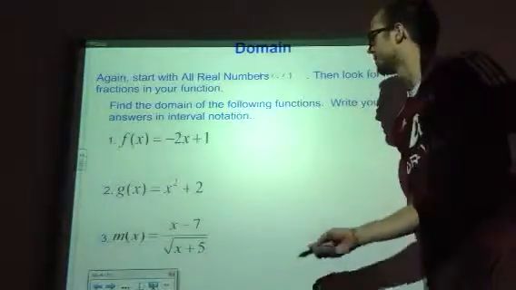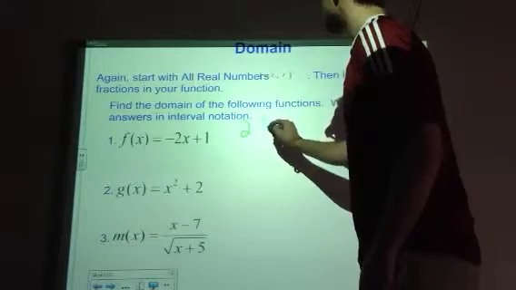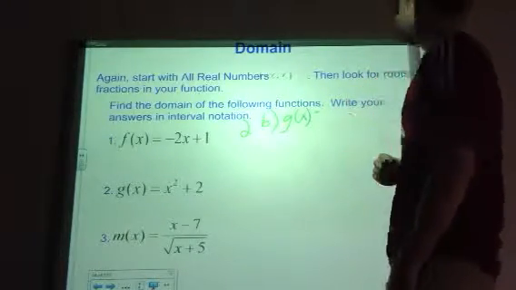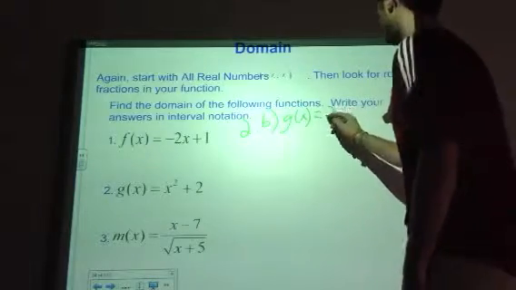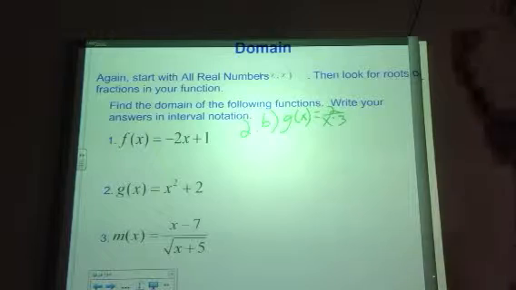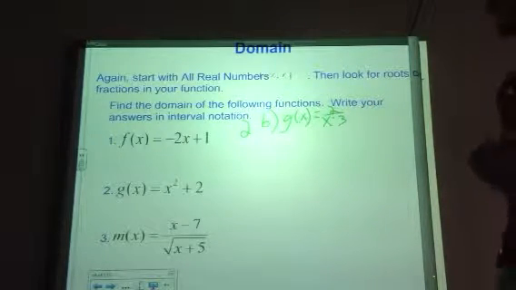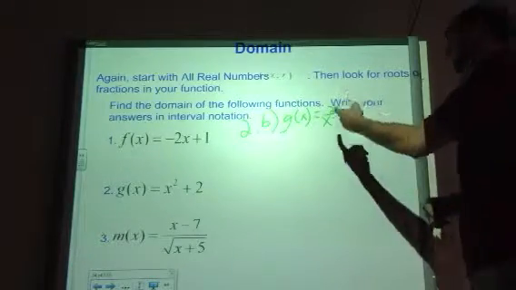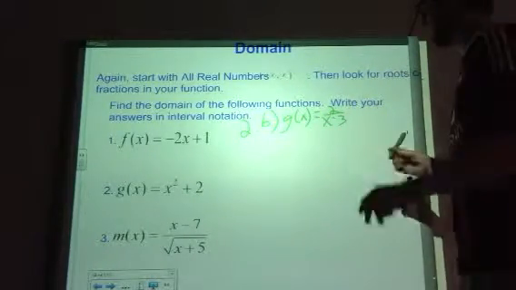Alright, let's look at another one. 2.b, we'll say g of x equals 2 over x minus 3. Assume it's negative infinity to infinity, and then think about restrictions. Does it have any square roots? No. Does it have any fractions? Yes.